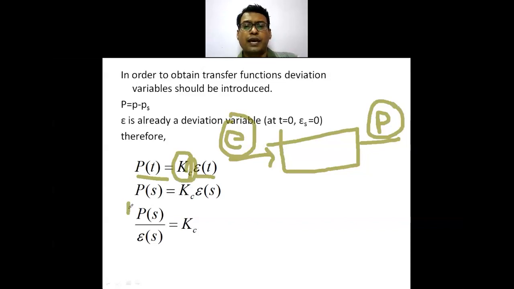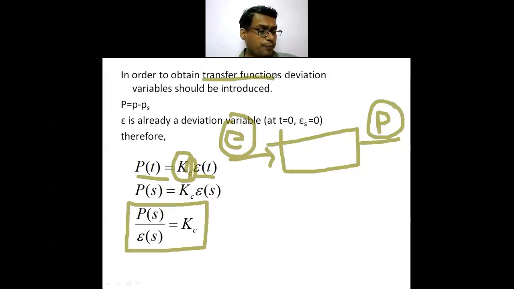So your Ps upon epsilon s is equal to the Kc. So this is the transfer function for the proportional controller. The transfer function for the proportional controller is Gs, which is equal to the Ps upon Es, which is equal to the Kc.